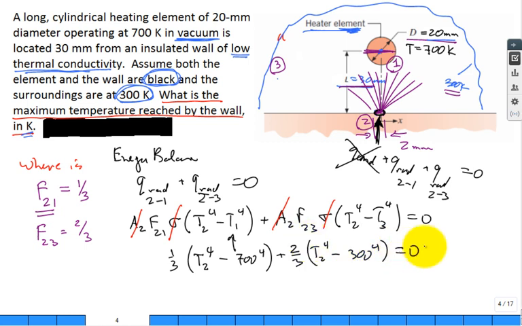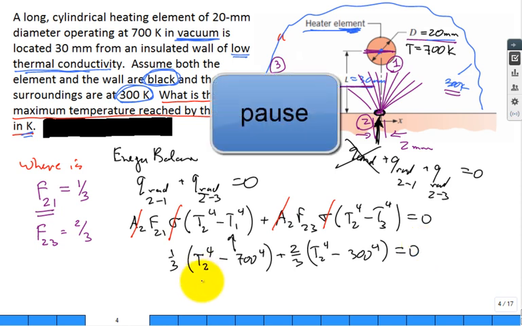I have one equation, one unknown. What I want you to do is solve now numerically for T2.